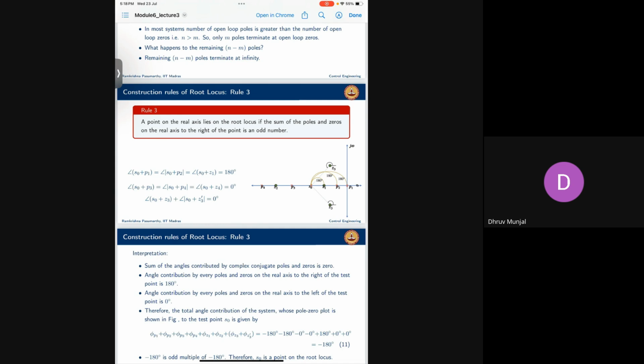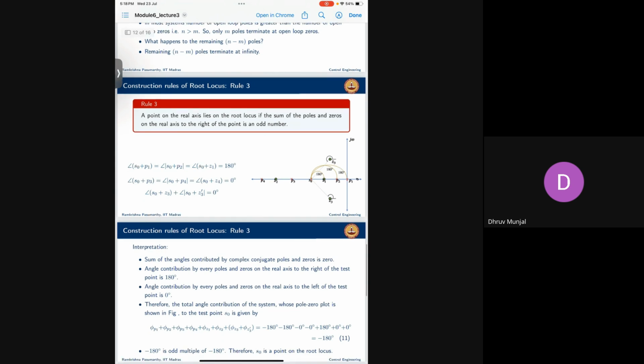When you calculate this angle criterion, the top positive conjugate angle will make some angle theta 1, and the negative conjugate angle will make the same angle in the opposite direction. So these will cancel each other out when you calculate the summation of the pole directions. You should keep that in mind, nothing else, right?